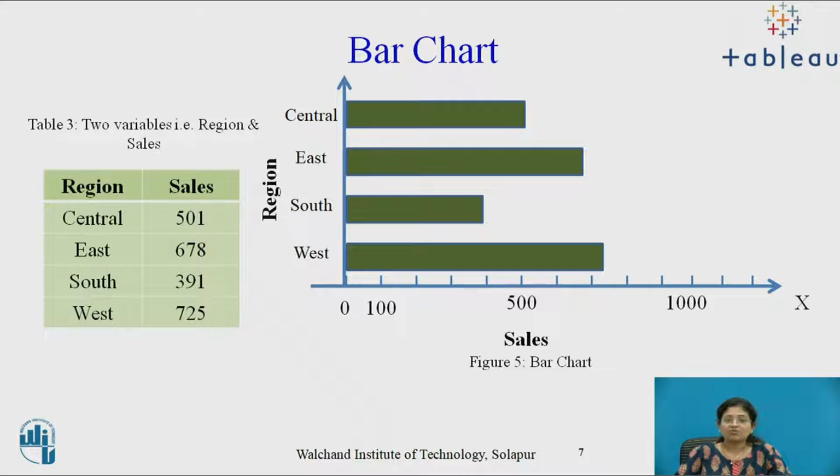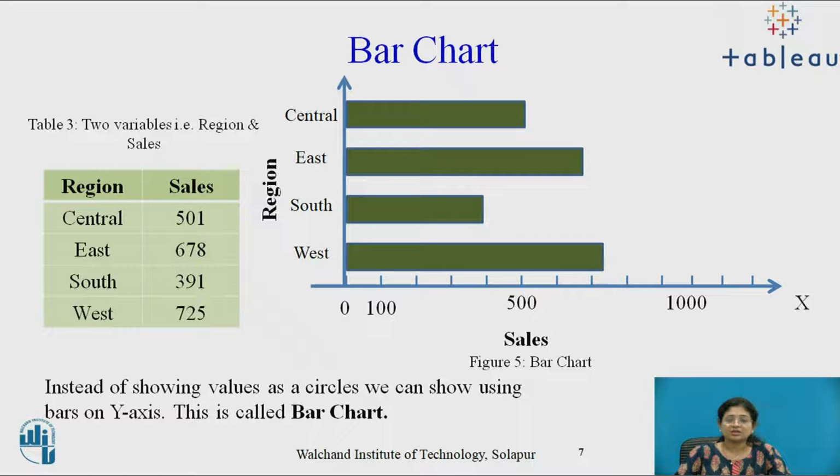Now, if we want to convert this plot into a bar chart, we can do it by showing the bars. Look here, instead of showing the value as a circle, we show bars on the y axis, and this is known as a bar chart. I have taken the same table and the same variables to draw the bar chart.